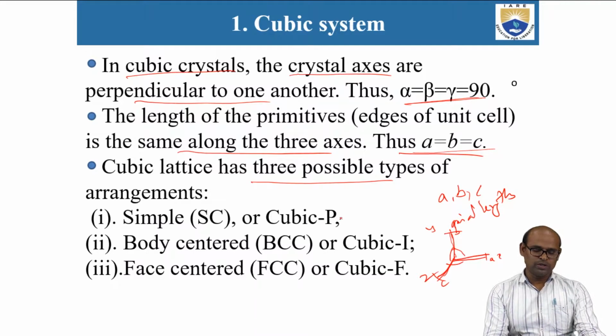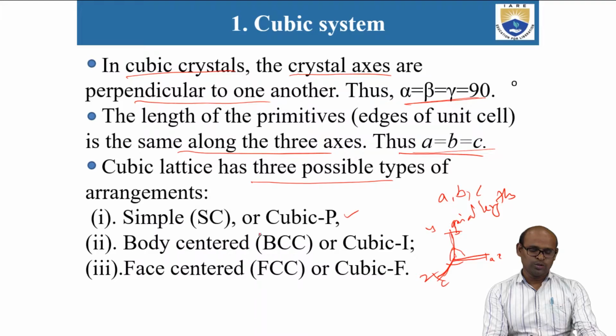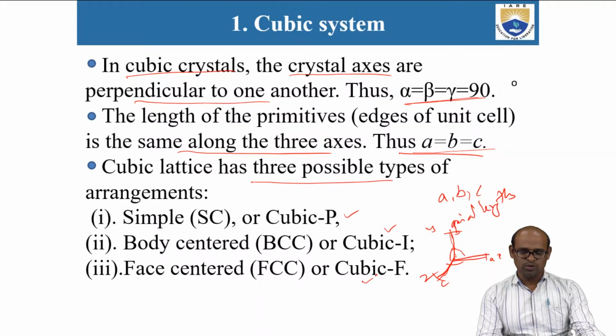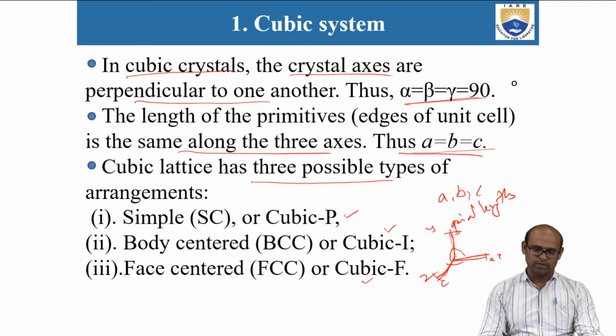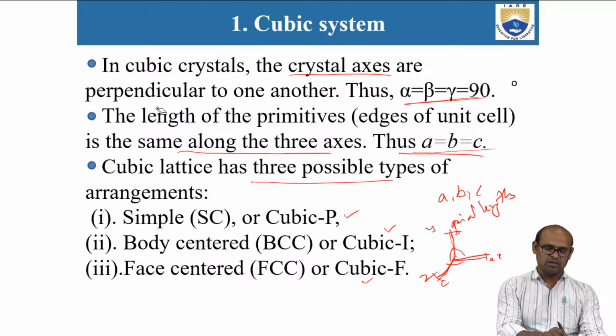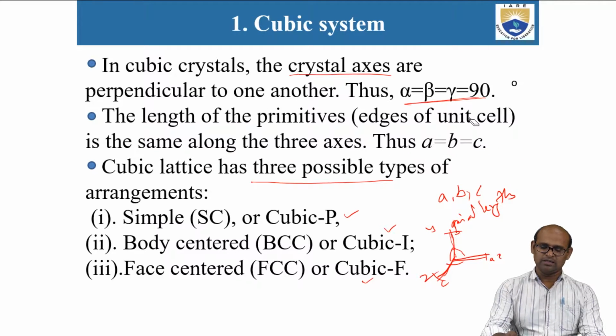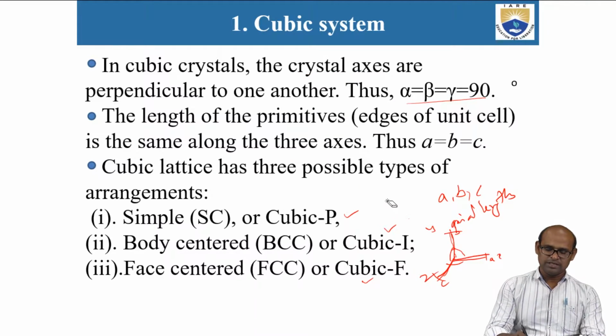This cubic crystal system has 3 possible types of arrangements: simple cubic, which is cubic P or cubic primitive, body centered cubic, which is cubic I, and face centered cubic, which is cubic F. We will see these three cubic lattices in detail in coming presentations.